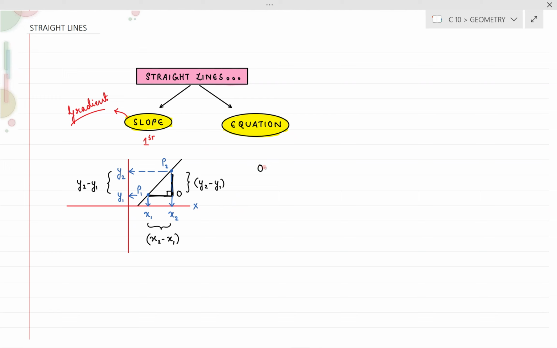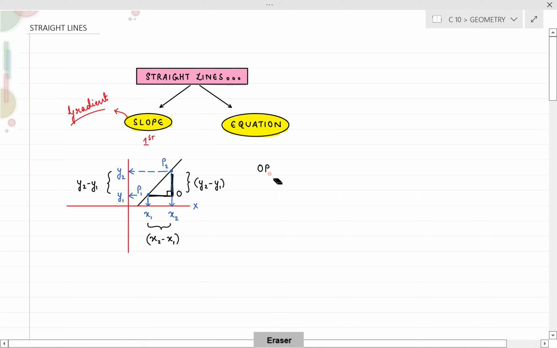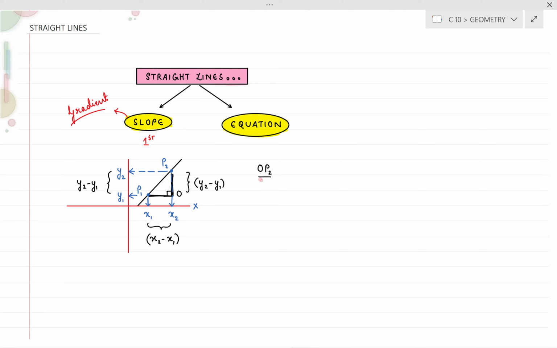So the ratio of OP2 and OP1, that is perpendicular by base.